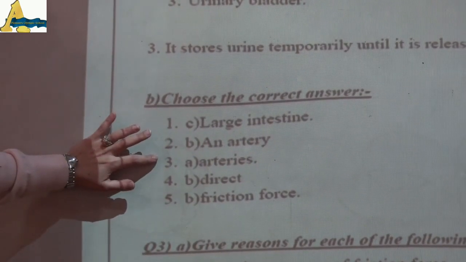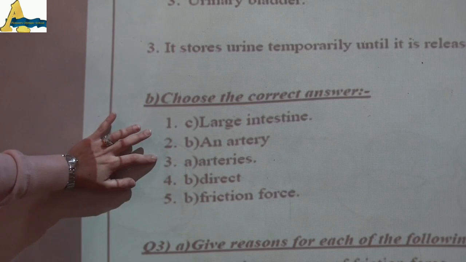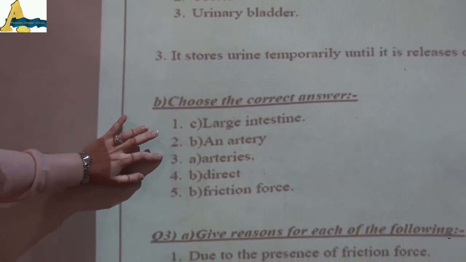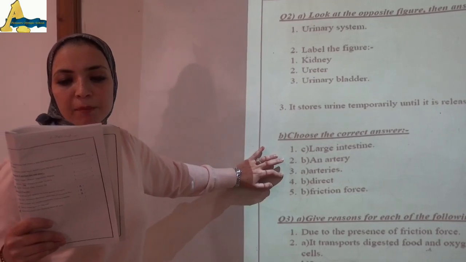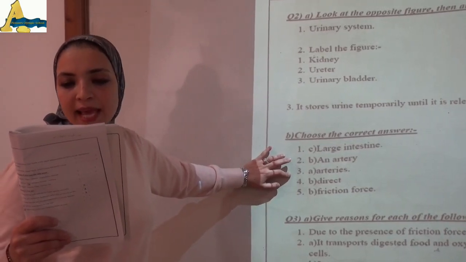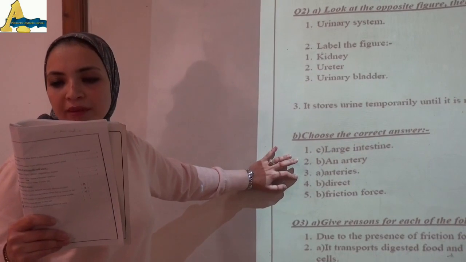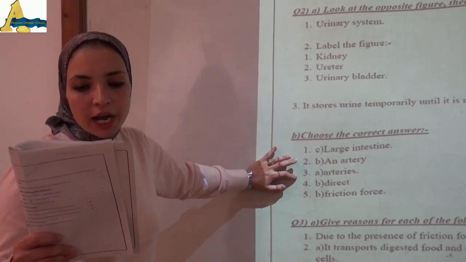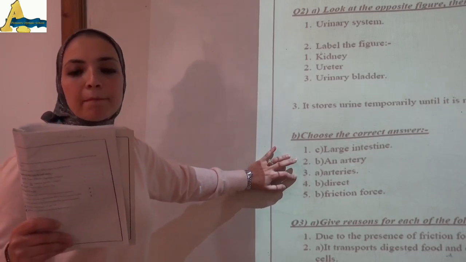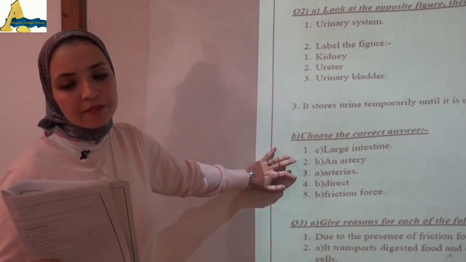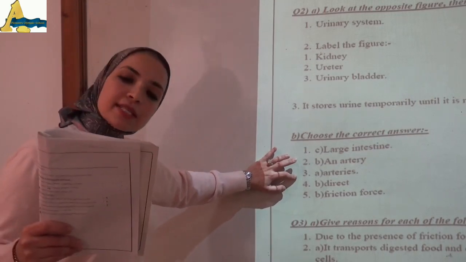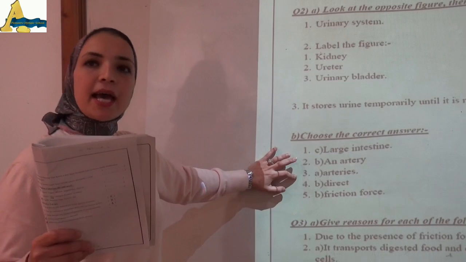Number 3, blood vessels which carry blood from the heart are the arteries. Number 4, the relation between the air resistance and the surface area of a body moving through it is a direct relation. Why? Because by increasing the surface area of the body moving in the air, the resistance will increase, and vice versa.